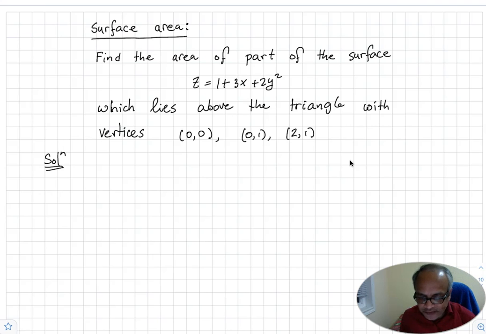So the first step is to identify which part of the surface we want to calculate. Okay, the working rule that I am going to explain is my favorite technique of calculating the surface area.